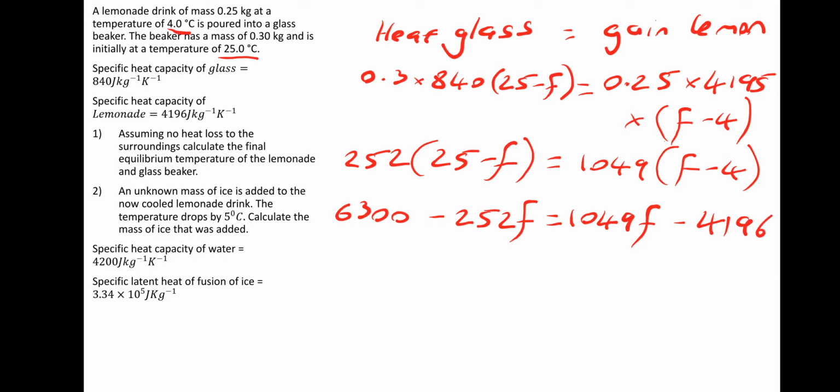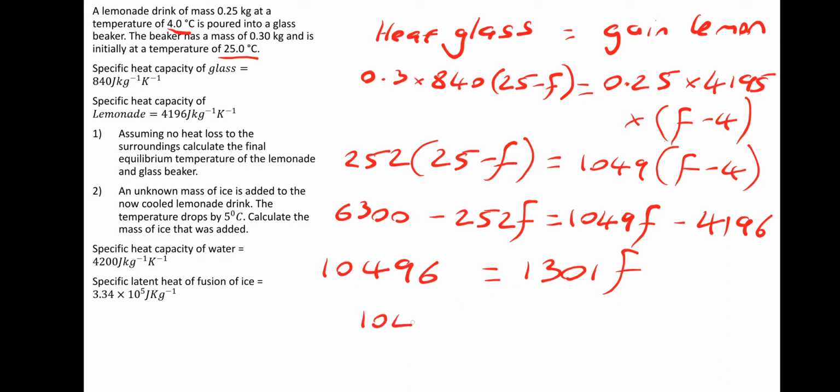So the numbers on the left hand side. So bring the 4,196 over, so we should get 10,496 on the left hand side, and take the 252 lots of F to the right hand side to give 1,301 lots of F. So should be pretty straightforward now.